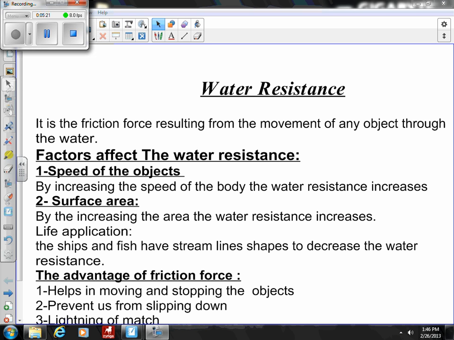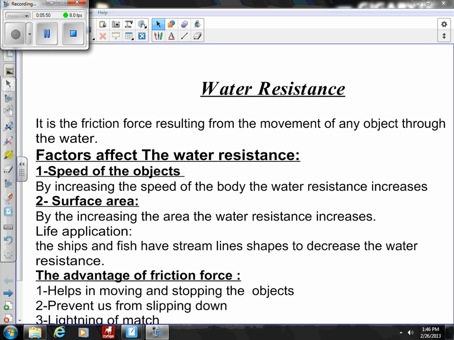Low. Small has low surface area. And if the surface area is very small, what will happen to the water resistance? It decreases. Excellent. And by decreasing the water resistance, what will happen to movement? Increase. Excellent.